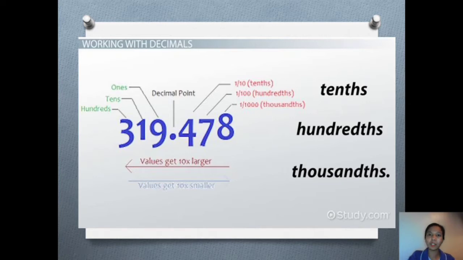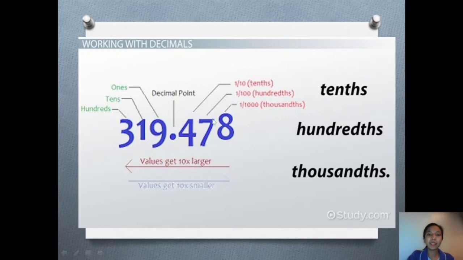This value does not reach 1 unit, because it's not a whole. 1 represents a whole. Tenths is like 1/10, so it does not reach 1. That's why it's tenths.